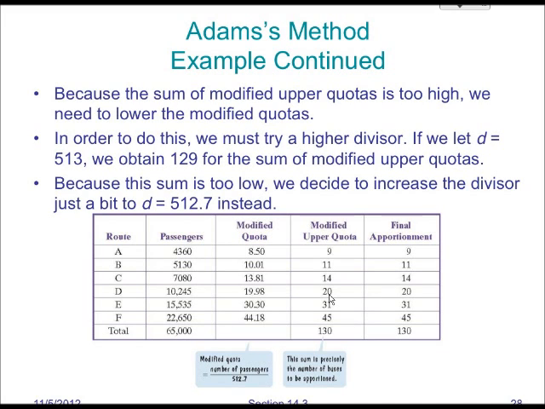We tried 513. Neither one works. So what do we do? Well, guess a number that's between 512 and 513. And yes, it is possible to divide by a decimal. So when you guess and check, you might have to guess and check decimals.